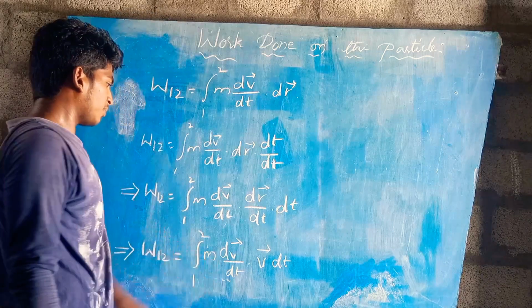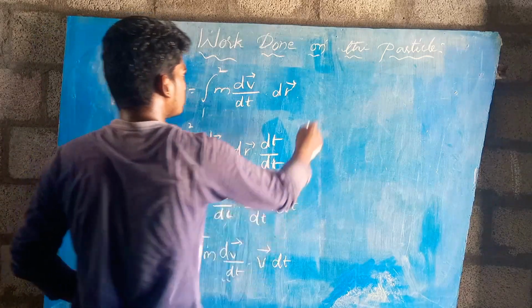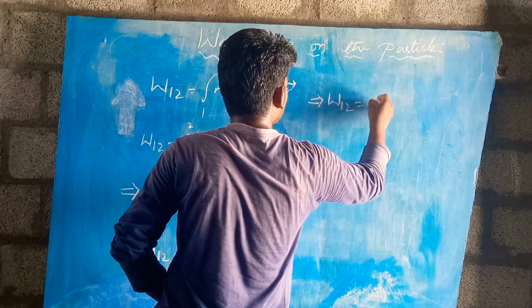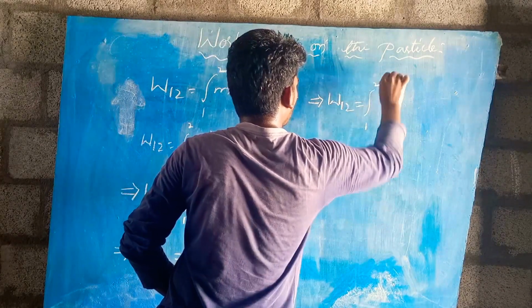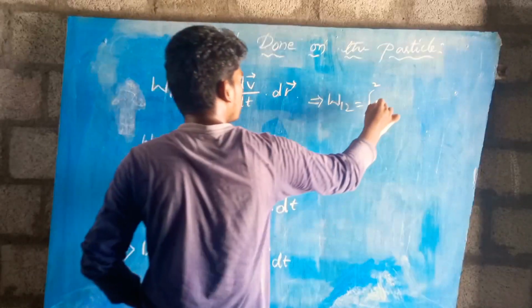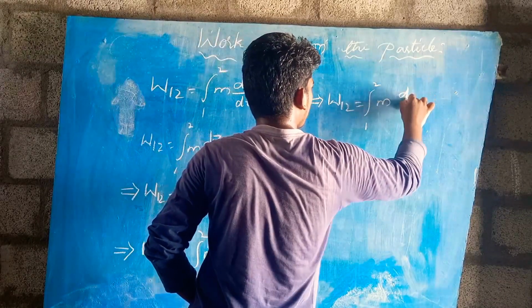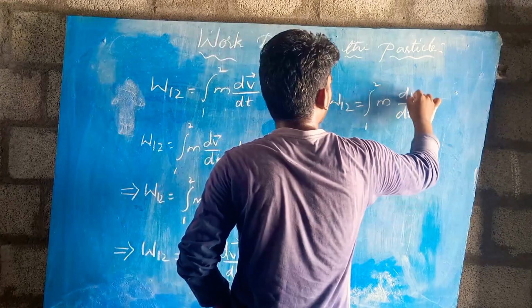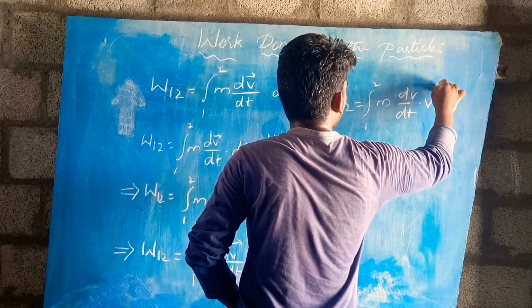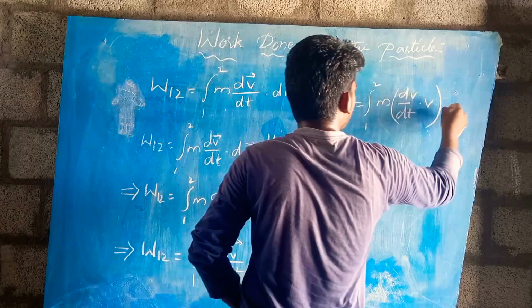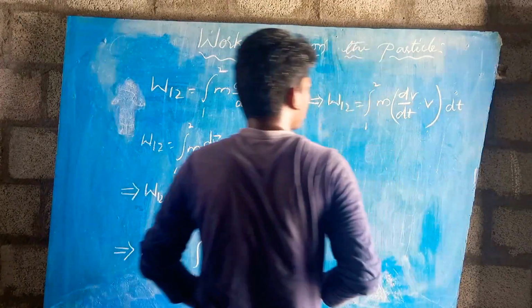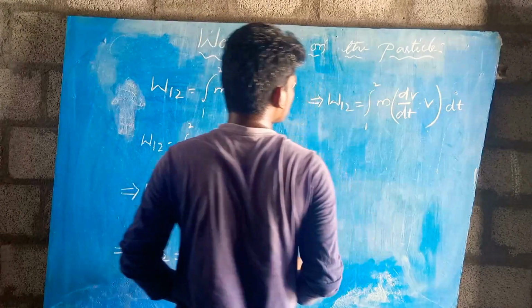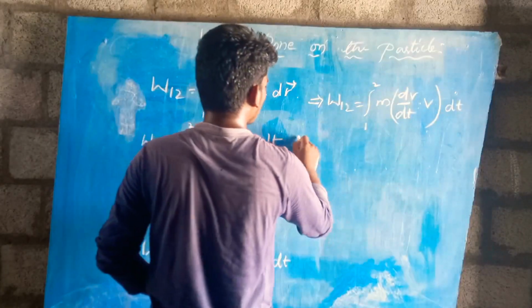Now take m common, we get W12 is equal to integral 1 to 2 m d by dt, m dV by dt into v dt. Now multiply the RHS with 2 by 2.